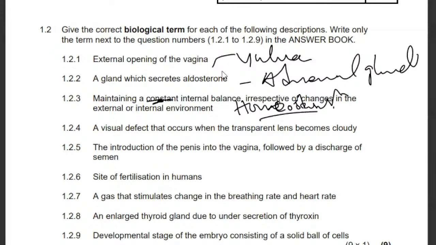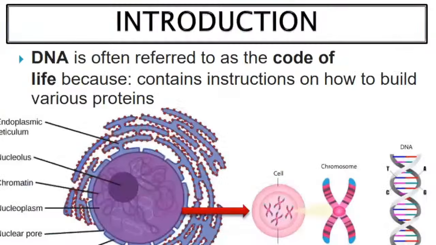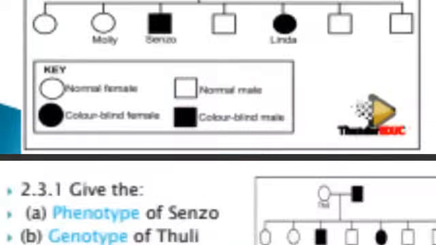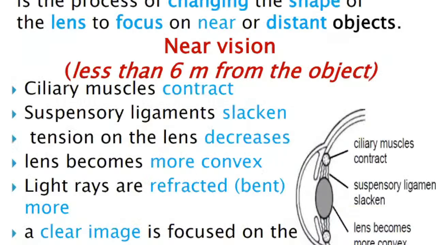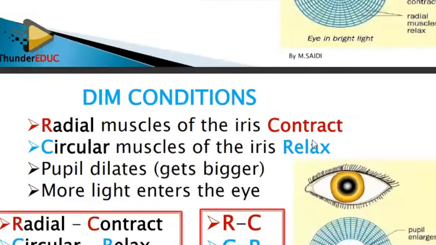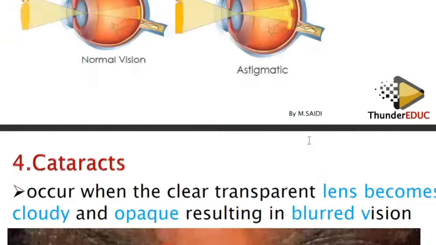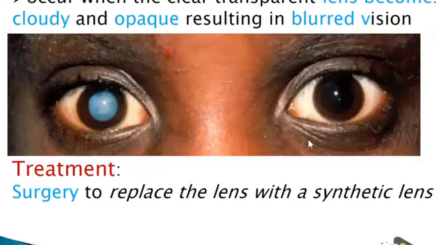The visual defect that occurs when the transparent lens becomes cloudy. I've been saying this over and over again. If you check our distinction material, it's called cataracts, but I want to show you so that you see it clearly. You see, the lens has become cloudy.